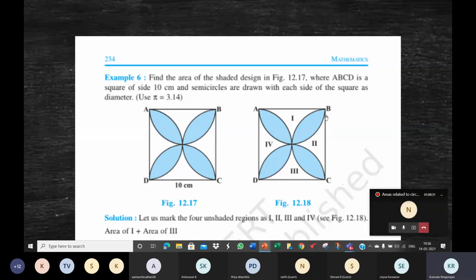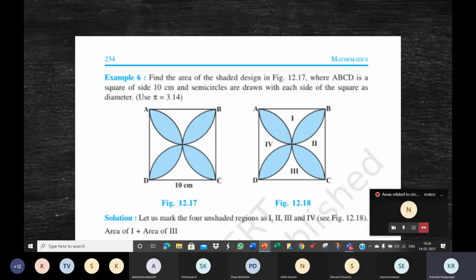So now the area of the shaded region will be the area of the square minus 40. See, the square has two things in it. The square has some region which is shaded and some other region which is not shaded. What is the total area of the square?